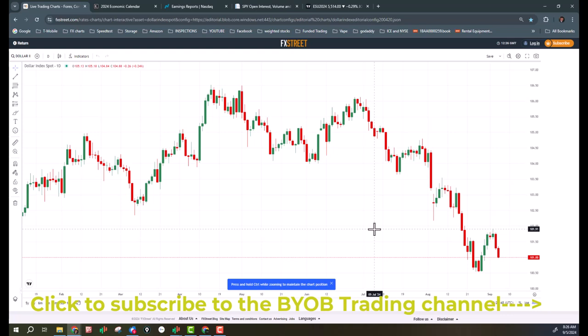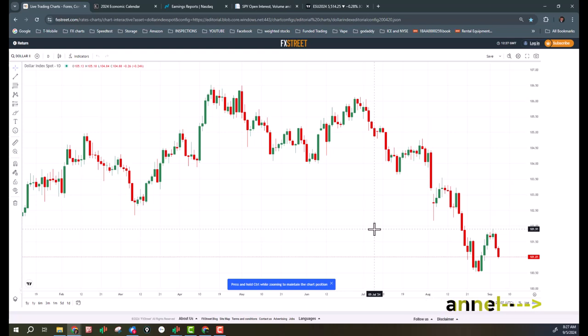Why? Because they're more affordable. We become more competitive globally, not just in the USA, around the globe. So there's the US dollar, still in a downtrend.